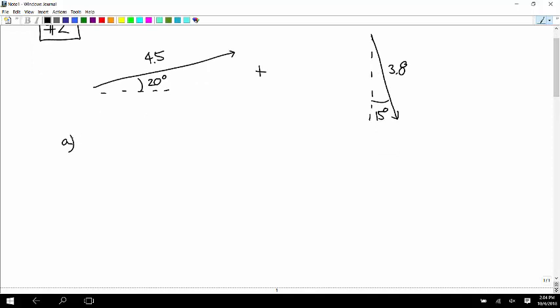So first we'll do it in the coordinate system we're most used to. And then second we'll do it in a coordinate system like this.